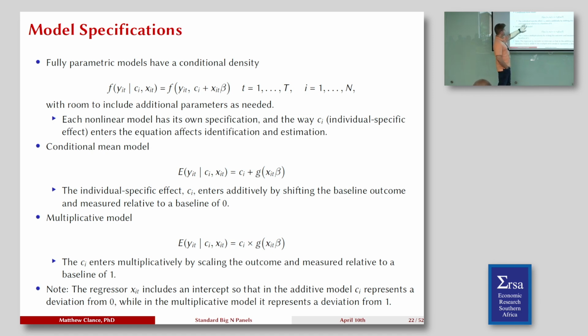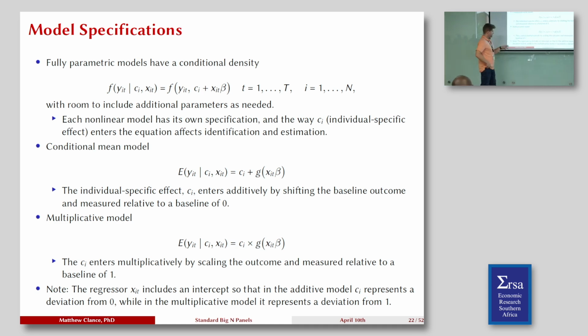In this case, when we're thinking about the additive, the individual effect CI is shifting the baseline outcome relative to some baseline of 0. Basically, we're just seeing how it's moving around. In terms of the multiplicative, it is measured relative to a baseline of 1. Basically, it's shifting around, up and down in terms of the function here.